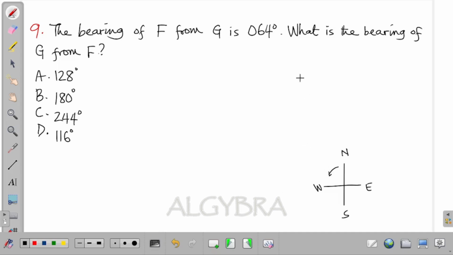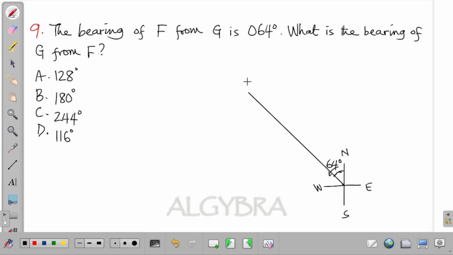So in this case, they said it's 64 degrees, or 064. That means 64 degrees from the north. So that particular angle is around this particular point. If I calculate the angle from north of this point, it should be 64 degrees.